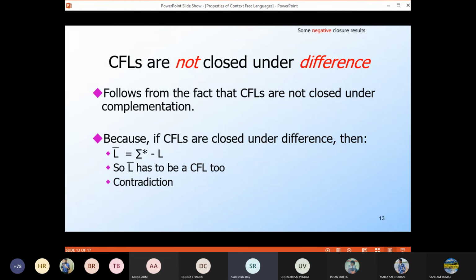If L2 is a regular language, then L1 minus L2 is context-free. That is because L1 minus L2 can be written as L1 intersection L2 complement.